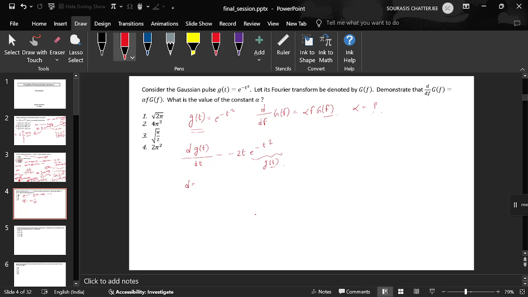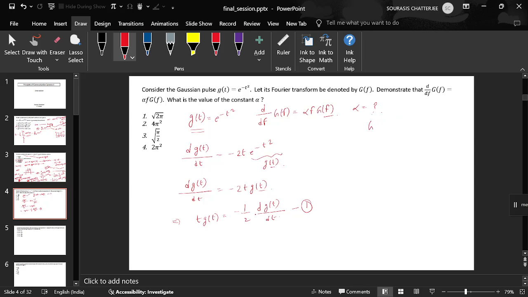So that means dg of t by dt is equal to minus 2t g of t. That means t g of t is equal to minus half dg of t by dt. This we term as equation 1.